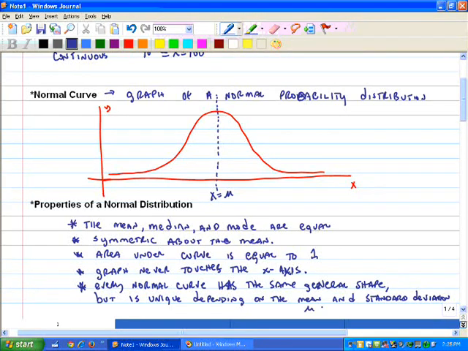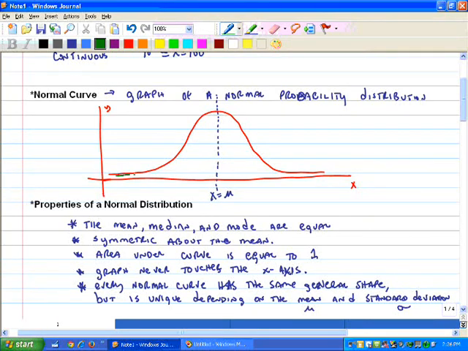Recall, the mean we represent with mu, the standard deviation with a small sigma. The graph of the normal curve above has a certain mean and a certain standard deviation.